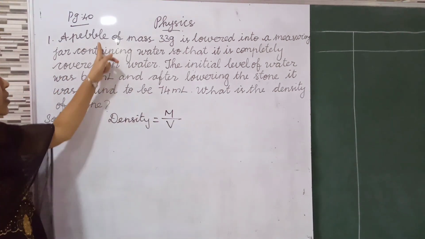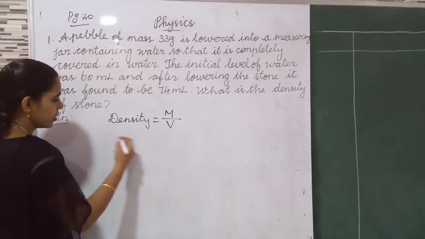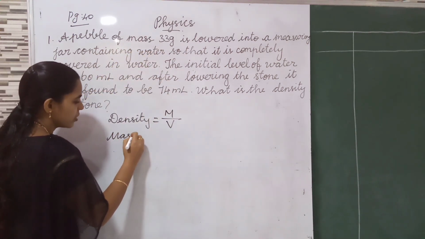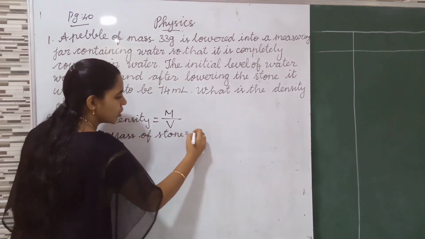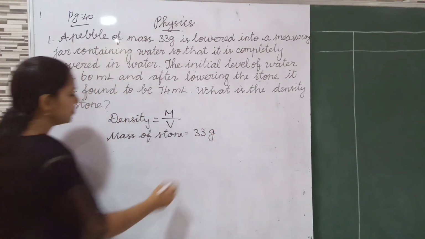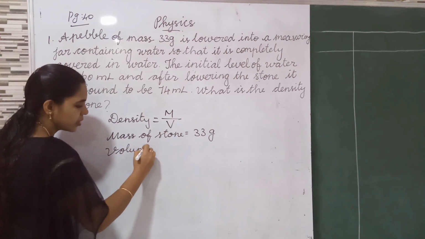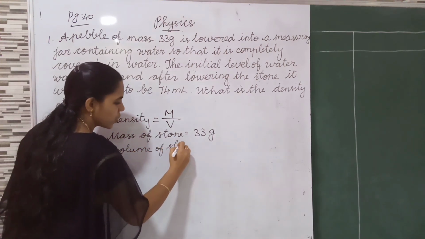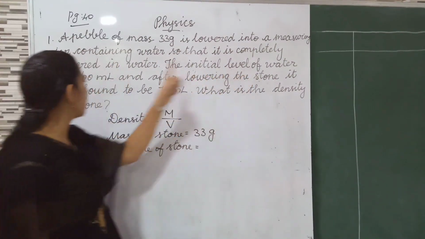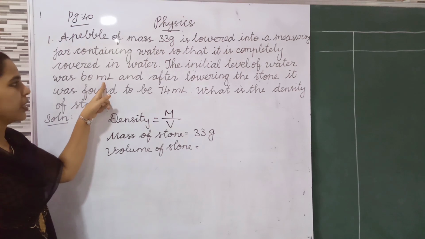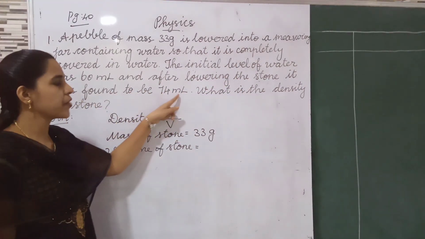Okay. What is the mass of stone? Mass of stone is equal to 33 gram. Then volume of stone. What is the volume of stone? Volume of stone is equal to, listen here, the initial level of water was 60 ml and after lowering the stone, it was found to be 74 ml.